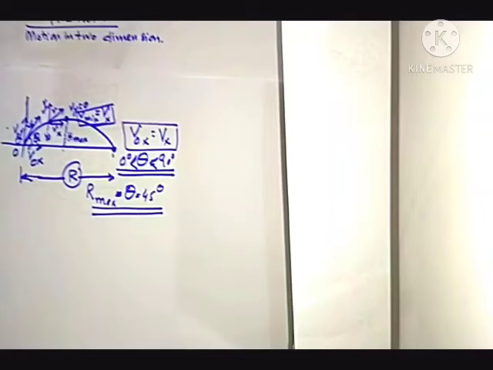When the ball is moving downward, the vertical velocity increases, and when the ball hits the ground, the vertical velocity is equal to Voy.